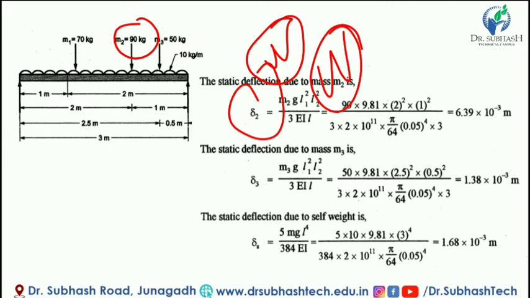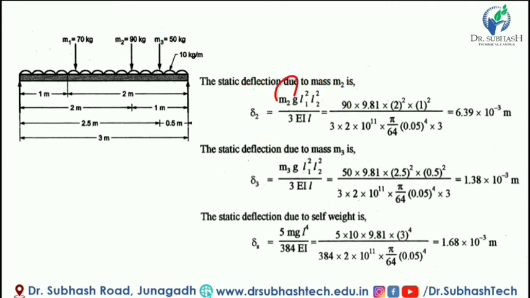So here put the value of M2 as 90 kg for rotor 2, g is 9.81, L1 for rotor 2 is 2 meters, and L2 for rotor 2 is 1. And the total length of the shaft is 3 meters, so here 3.